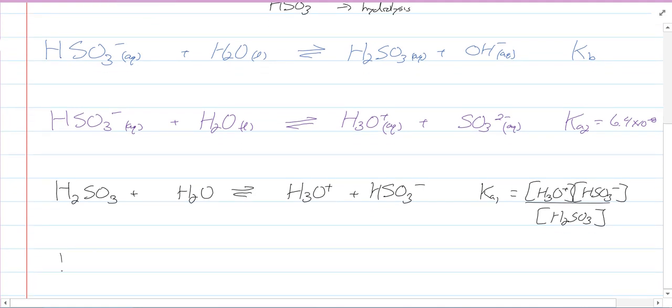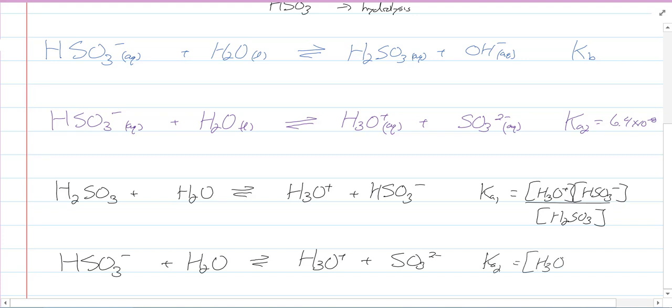However, let's do the second one, HSO3 minus plus water, H3O plus, and SO3 2 minus. So Ka2, still hydronium, because it's Ka, SO3 2 minus, and HSO3 minus.